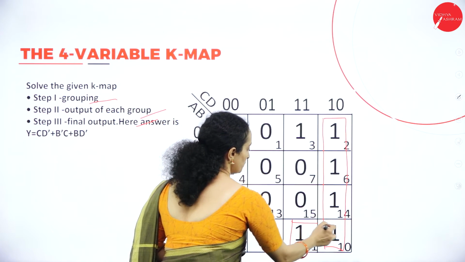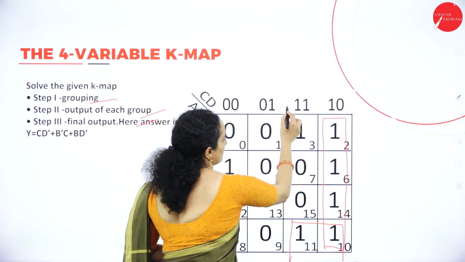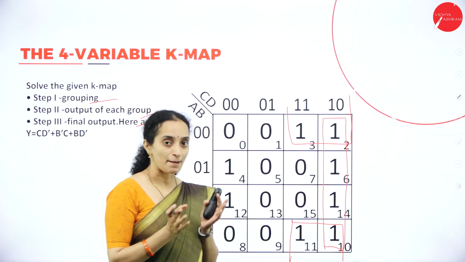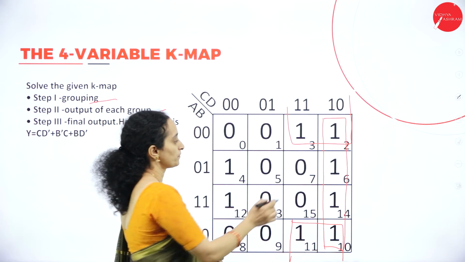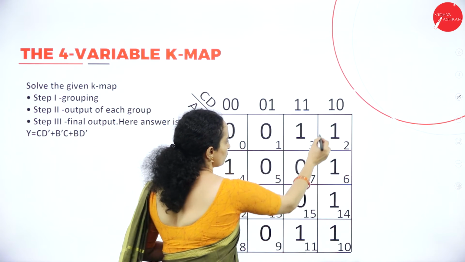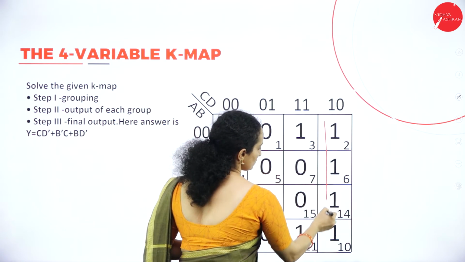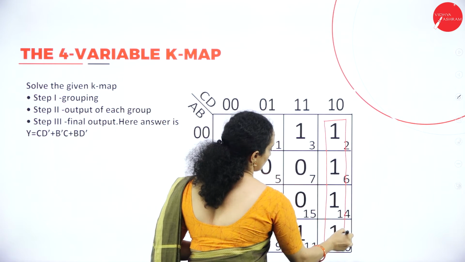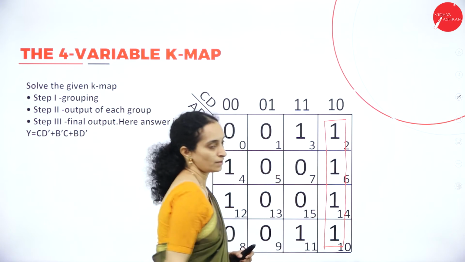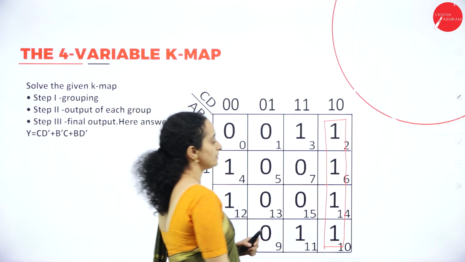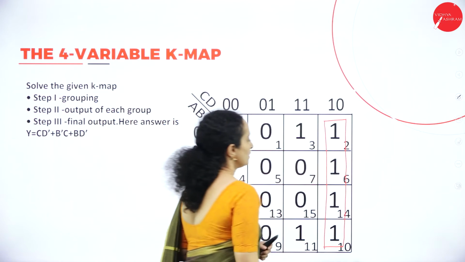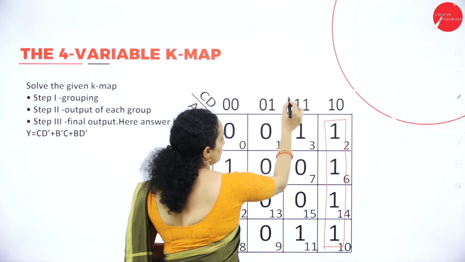You can group these values, as you know, by wrapping of the groups. Okay. You can make the group like this. A group of 4 variables. Then you can have another group.